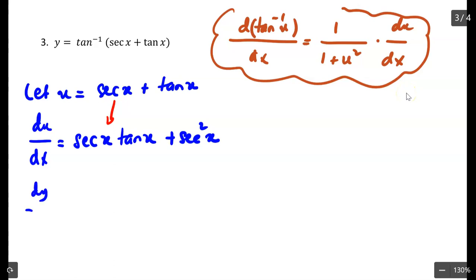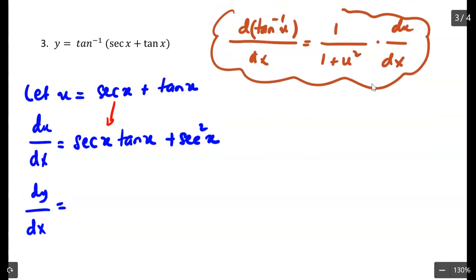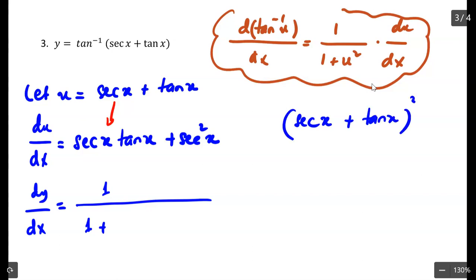We don't have to do it on the side because of the 1 plus. So here's a plus sign, so I can just do it right here. While writing this, I will substitute into these formulas for everyone. So 1 over 1 plus u squared. Okay, u squared means secant of x plus tangent of x, all of it squared. Okay, so this is your u squared.